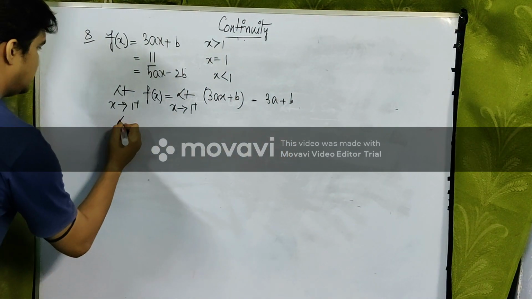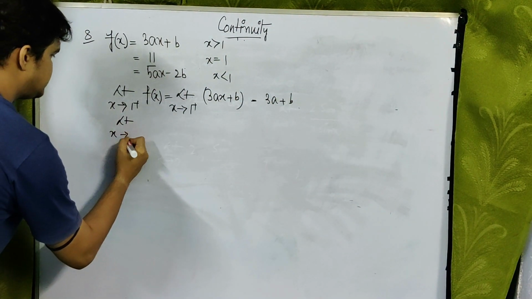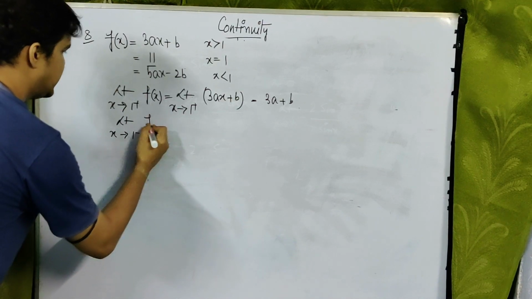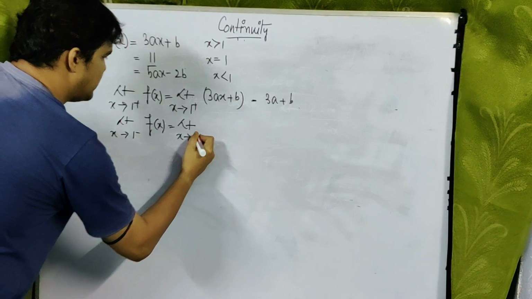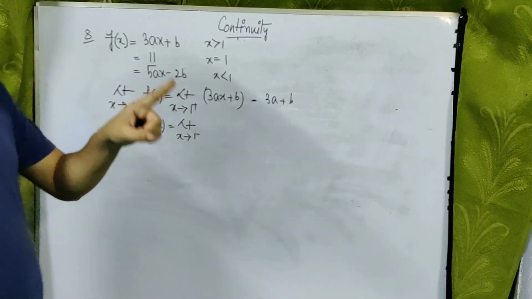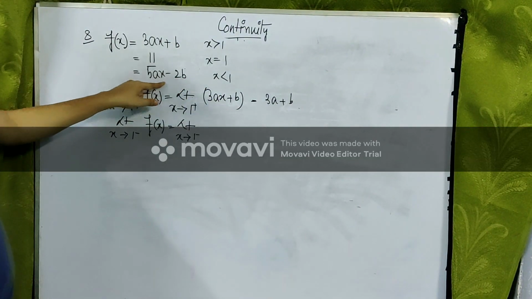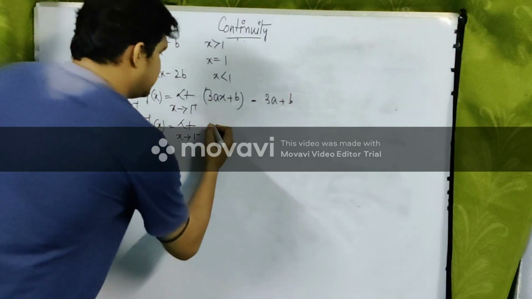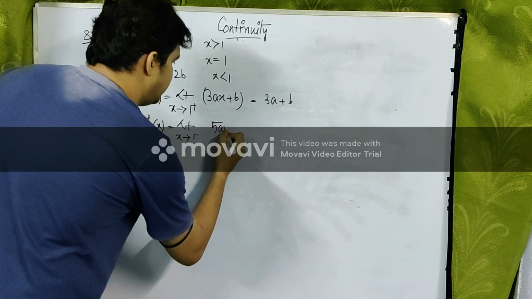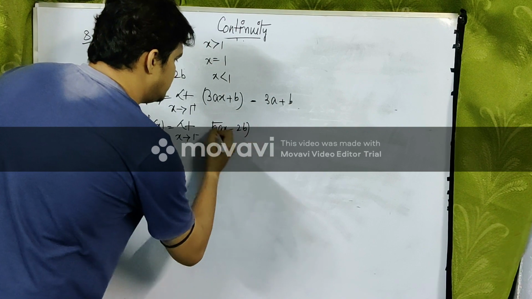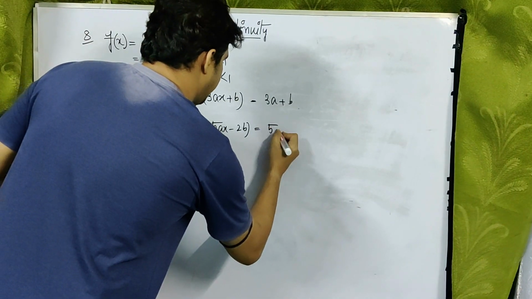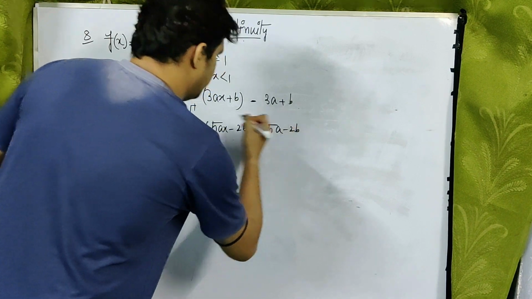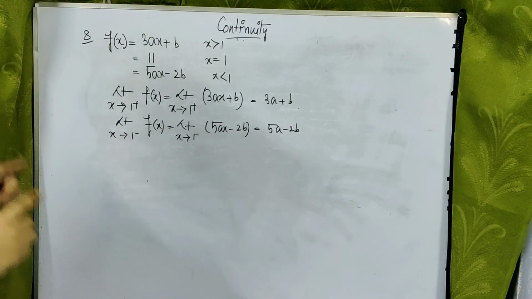Next one is limit x tending to 1 minus fx. How is it defined when the value of x is less than 1? It is defined as 5ax minus 2b. Now if I put x equals 1, we get 5a minus 2b.